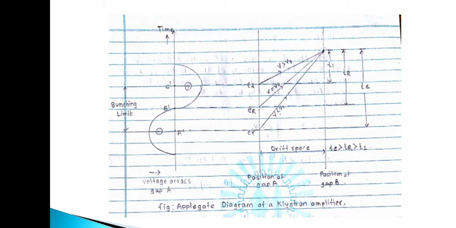That is, the electron beam contains an AC current and is current modulated. The drift space converts the velocity modulation into a current modulation.